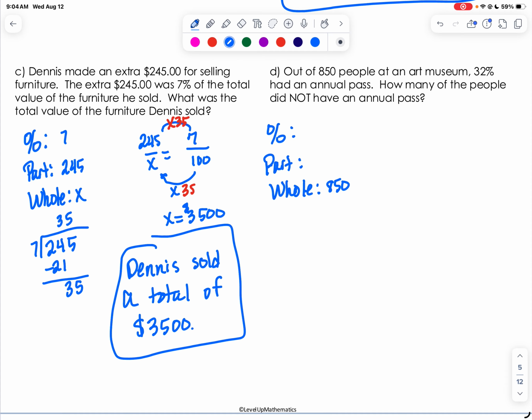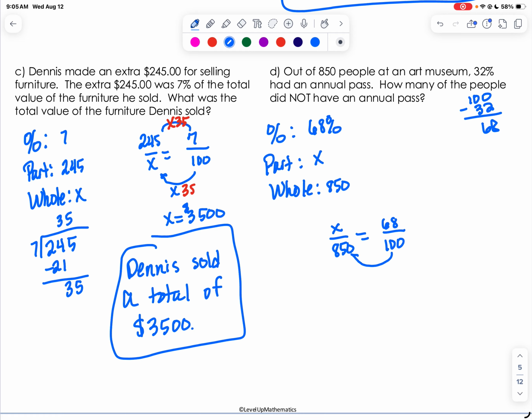They gave you the percent for the people that did have a pass. We want the percent for how many did not have a pass. So 100 minus 32. So 68% did not have an annual pass. And we do not know the part. So X over 850 equals 68 over 100.